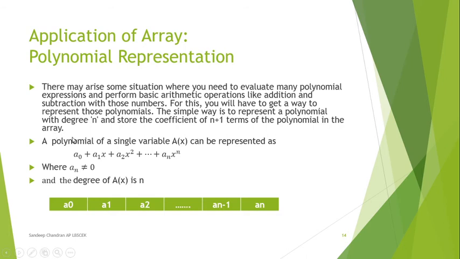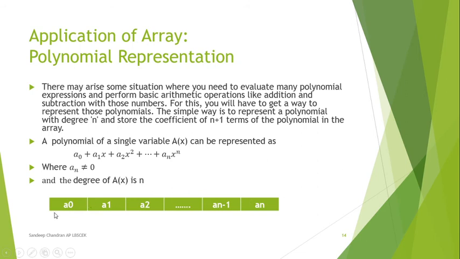Okay. So how to represent that? A polynomial of a single variable, A of x, can be represented as a0 plus a1x plus a2x square, etc., up to an x raised to n, provided an is not equal to 0, and the degree of A of x is n. Okay, we can represent it like this.